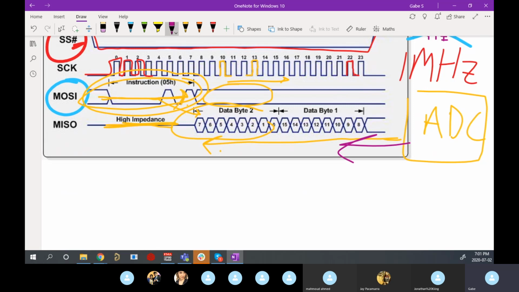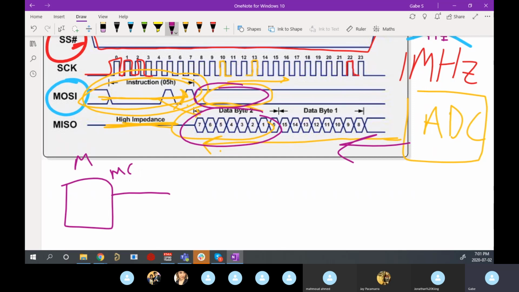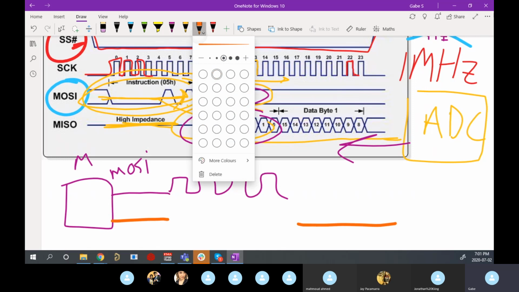It can only send a burst of MISO data as long as MOSI is sending it some stuff. So if I'm the master, I can send some instruction out on the MOSI line. I send some data, and at the same time, I'm going to be getting data back on the MISO line this way.